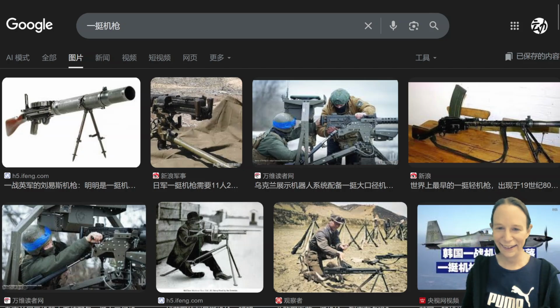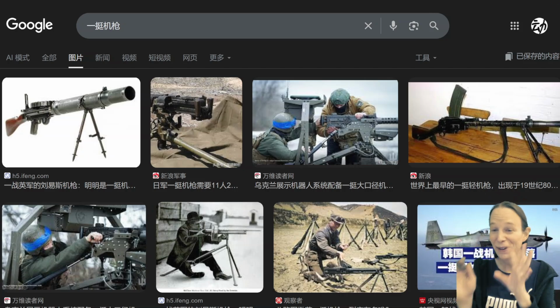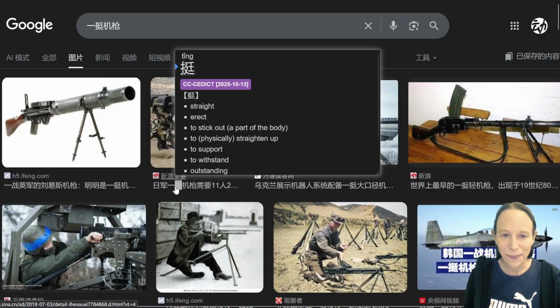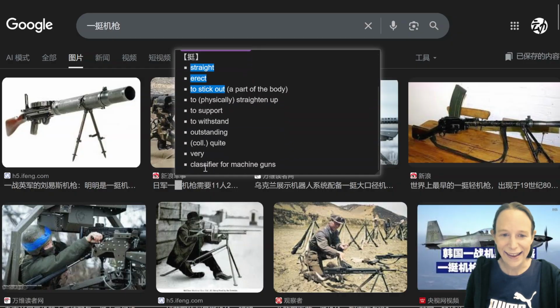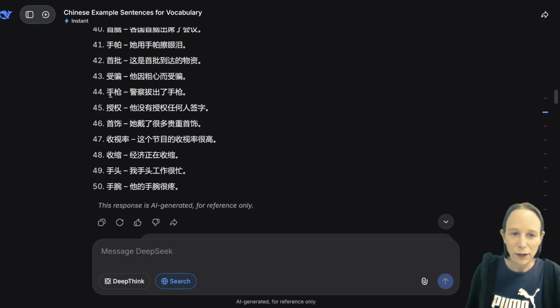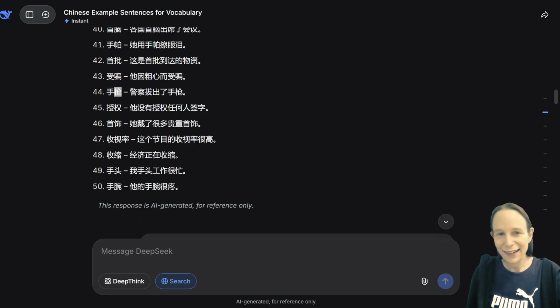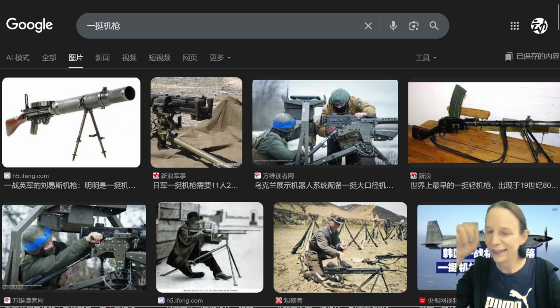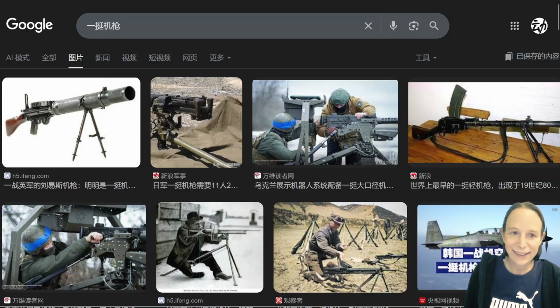Not guns, but machine guns. Why is it 挺? I don't know. Yeah. Anyway, 手枪 is handgun, 机枪 machine gun, and there's probably others, but I'm not big into guns, so let us move on.